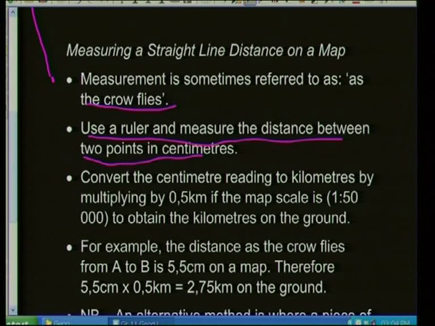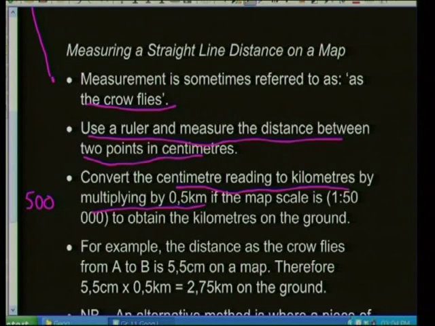We convert the centimeters reading to kilometers by multiplying by 0.5. If we had to convert to meters, then we multiply it by 500 meters. So it will change all the time.